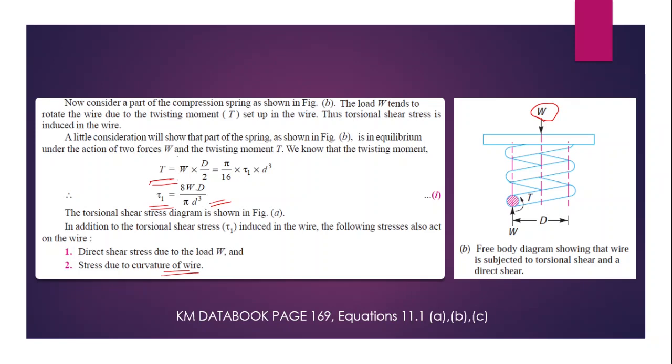Actually, the load W tends to rotate the wire due to the twisting moment T set up in the wire. When W acts on this particular part, a twisting moment develops. Thus, the torsional shear stress is induced in the wire due to this twisting moment.